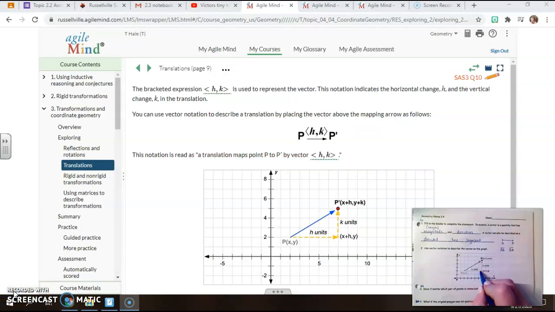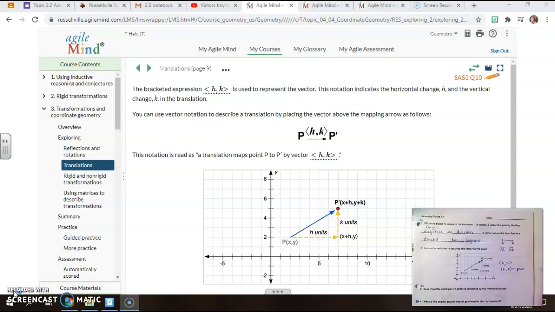So we went h units to the right and k units up. We write those inside angle brackets, h, comma, k. Now we don't put them in parentheses. When you have letters or numbers inside parentheses, we know this represents a point.